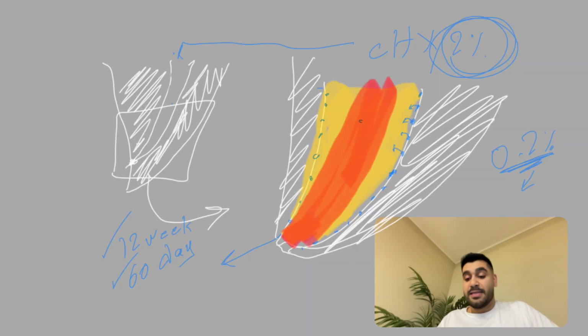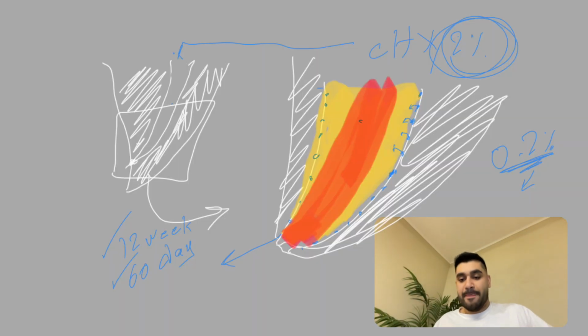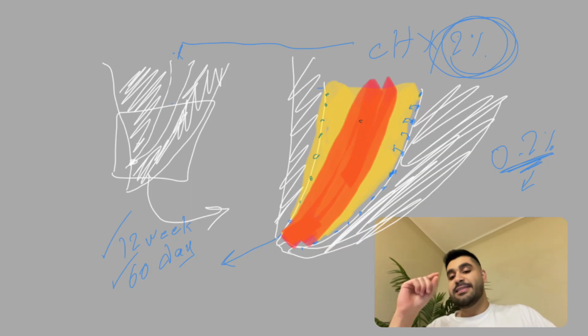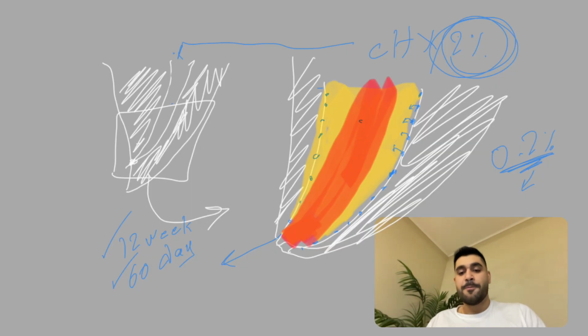But there is a question: is there any negative effect of chlorhexidine substantivity on the bonding strength of a sealer? Based on the articles I will show you, no, there is no negative effect. Still, they didn't find it. But in this article, before chlorhexidine, they irrigate the canal with EDTA 17%.